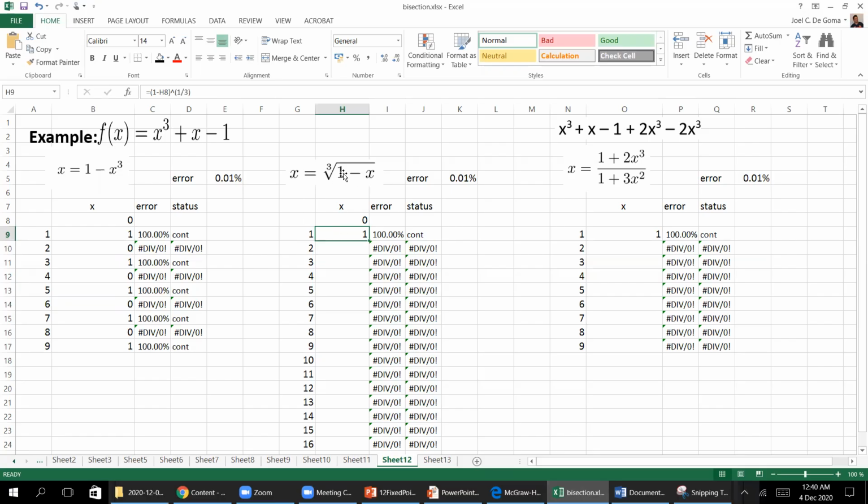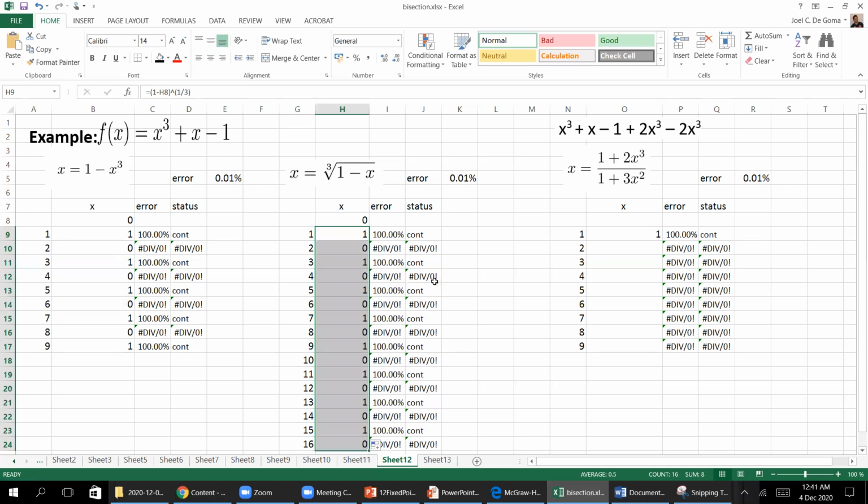Substitute it here. What is the result? 0. Am I right? 1 minus 1 is 0. Cube root of 0 is 0. Then substitute it again here. The result is 1. As you can see, it's the same as our first equation. It doesn't give us the root of x, so it means this equation doesn't work.